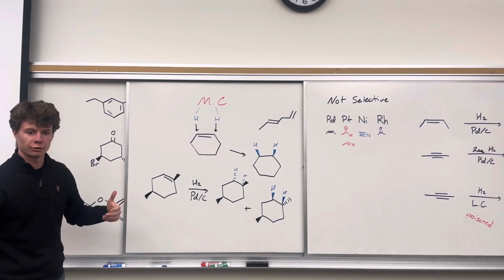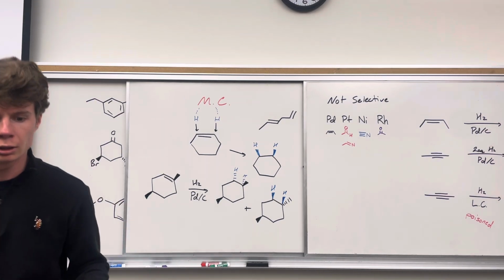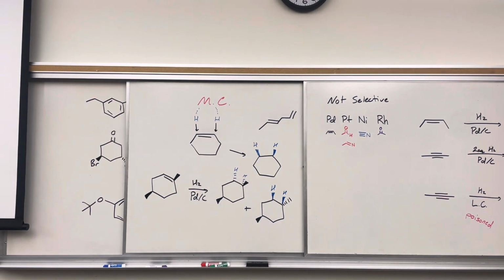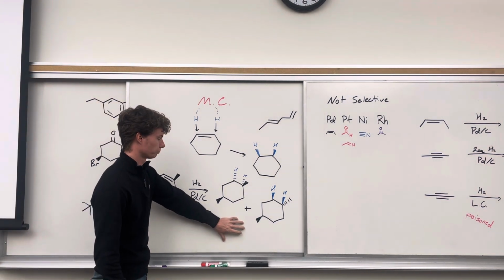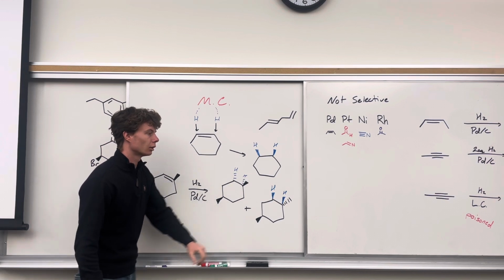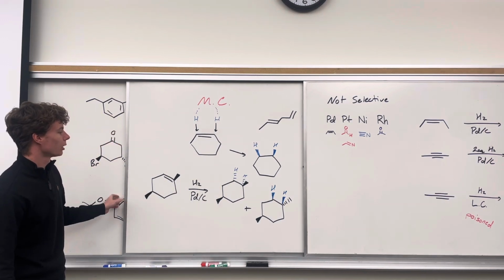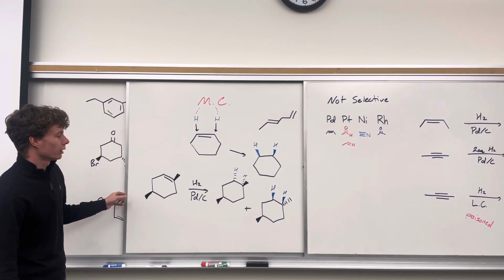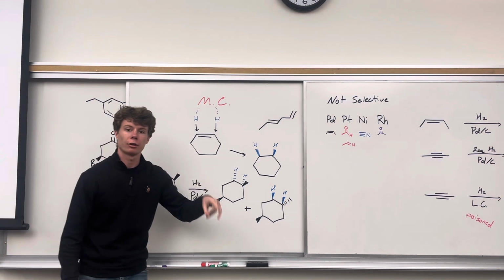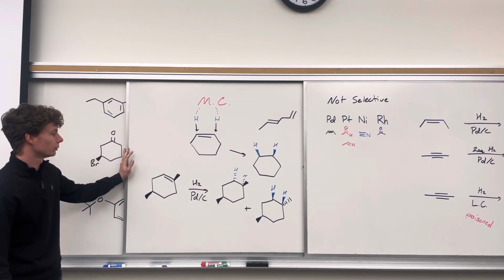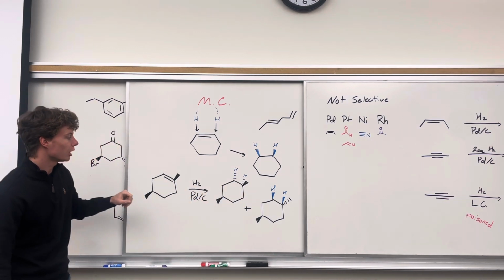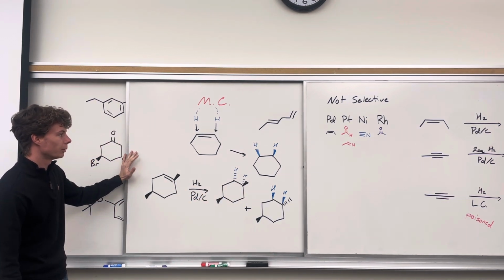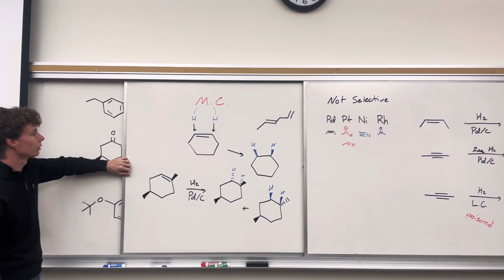So that has to do with the stereo, I can't even think of the words right now, but it's okay. So just know that they're added on the same side. Stereochemistry on those are going to be either diastereomers or they could be the same. So there might be a question about that on your assessment.